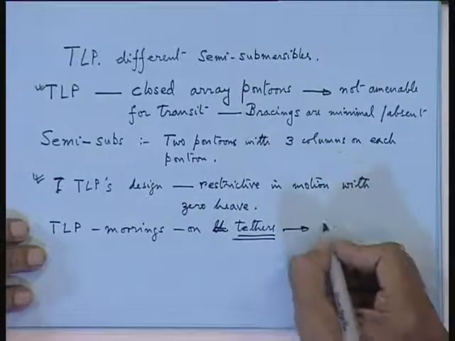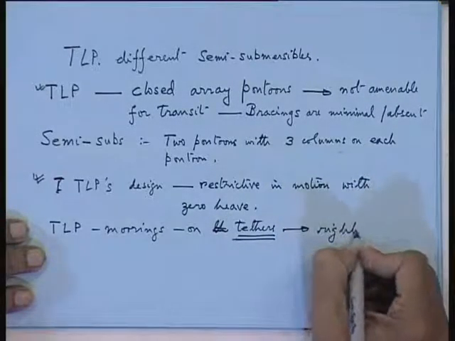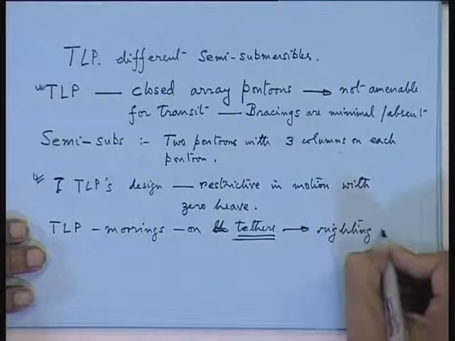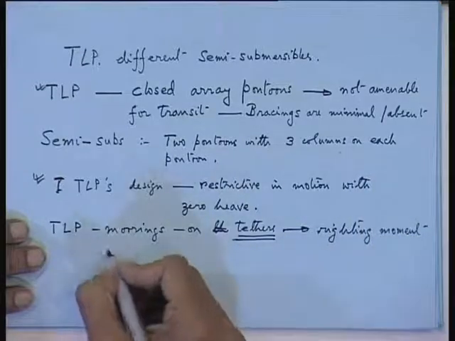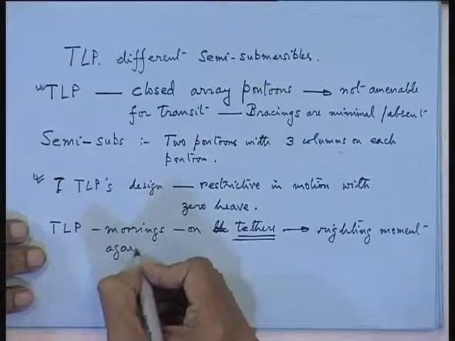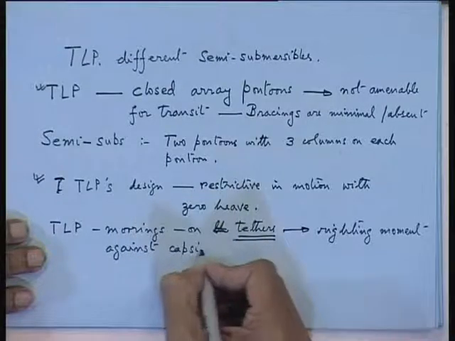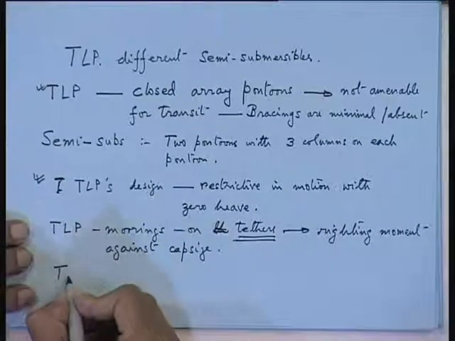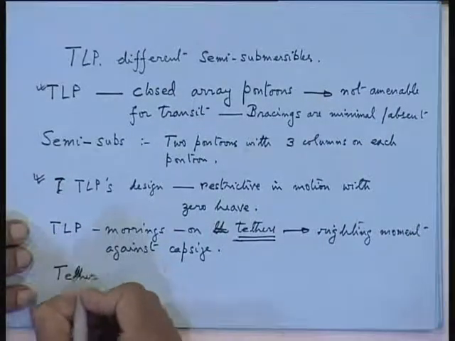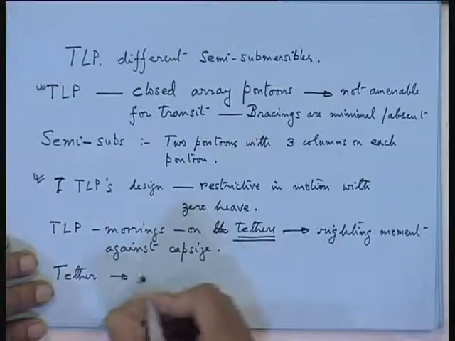They provide the righting moment against capsize. So, this is the main function of the tether: you provide righting moment and also reduce motions.